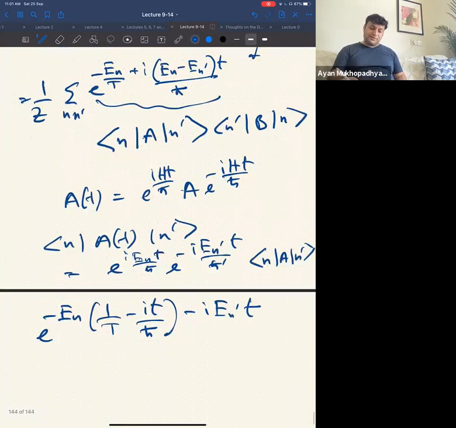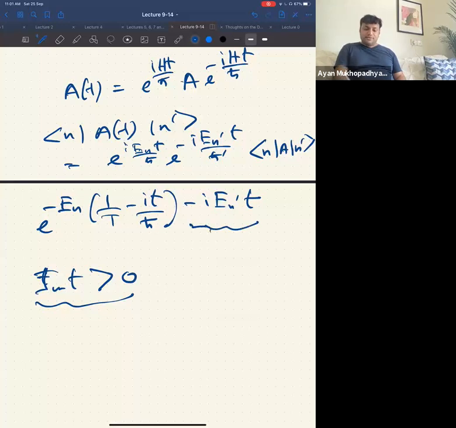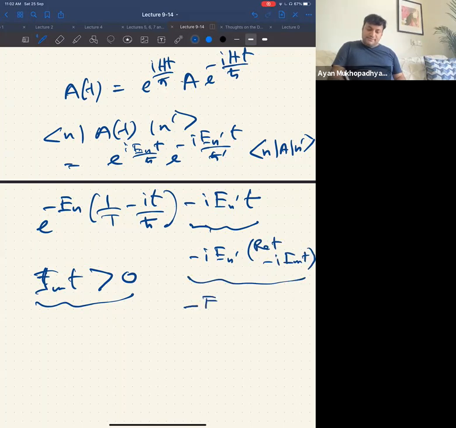Now for the sum to converge, if imaginary t is greater than 0, then this object is nothing but minus i E_n prime and t, analytically continued: this will be real t plus i imaginary t.